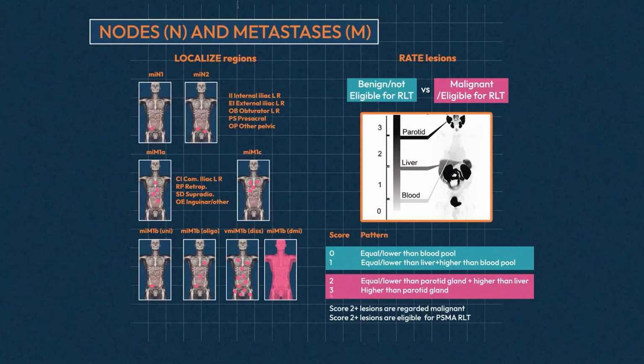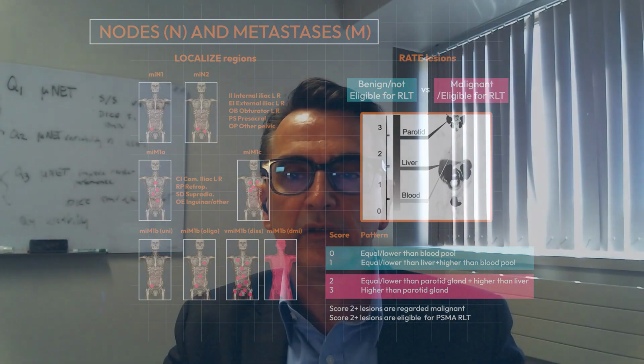And again, we see that in detecting lymph nodes in intermediate and high-risk patients, the performance of PSMA PET varies a little bit, but in general is relatively sensitive for picking up regional nodal involvement.